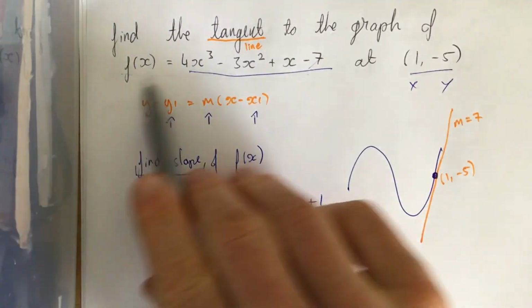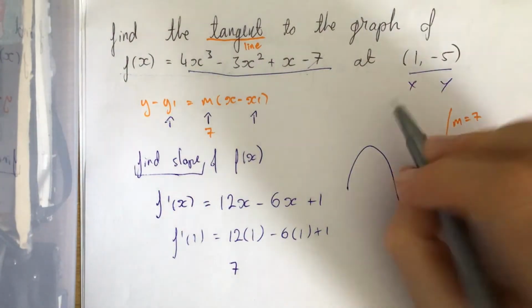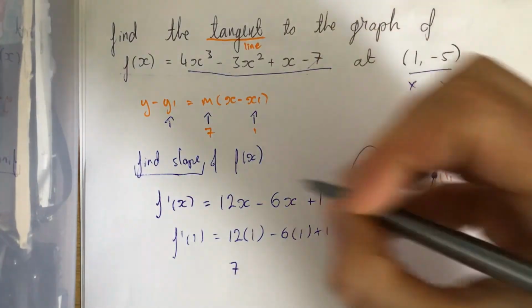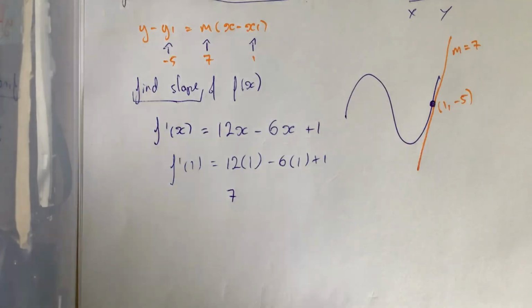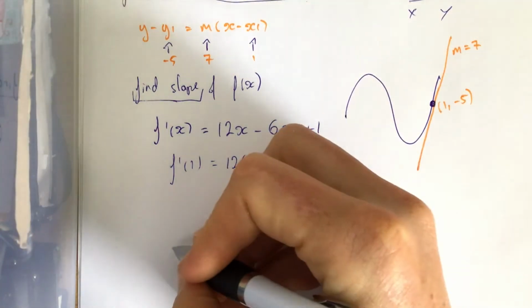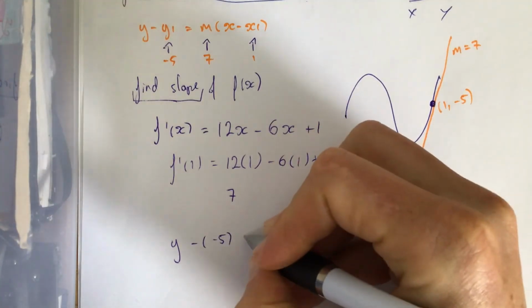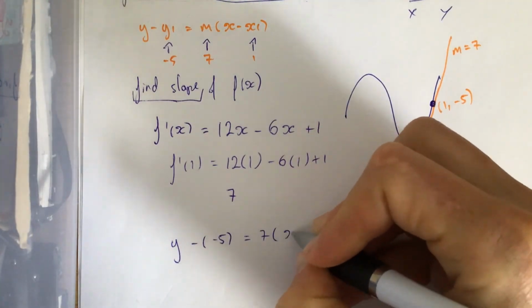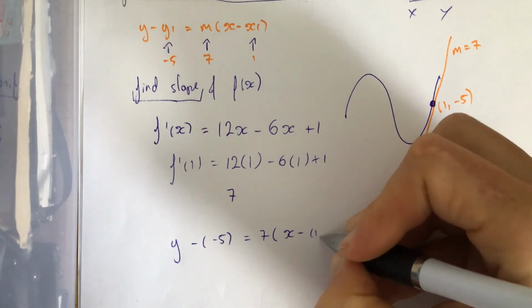We are just going to use this equation with m being equal to 7, with x1 being equal to 1, and with y1 being equal to minus 5. So let's come down here a little bit and we'll multiply that out. That will be y minus minus 5 equals 7 into x minus 1.